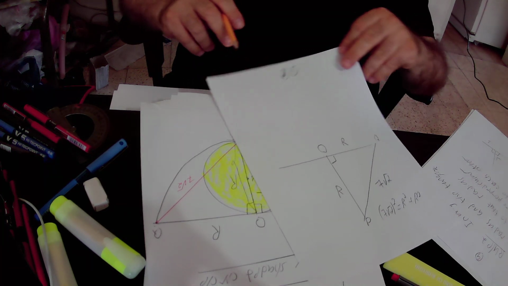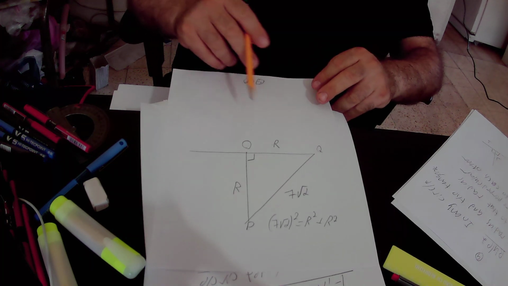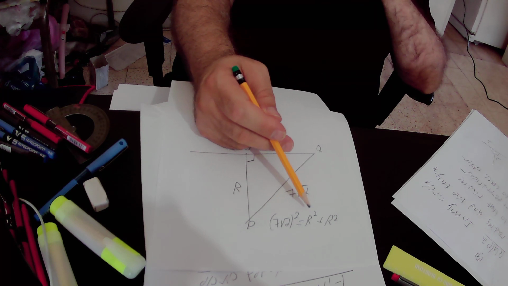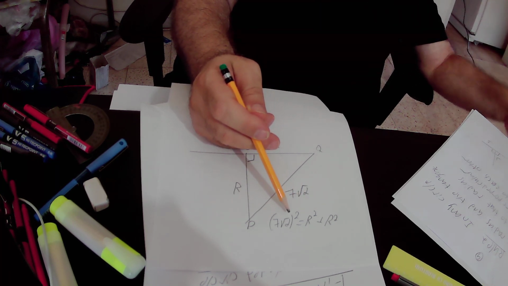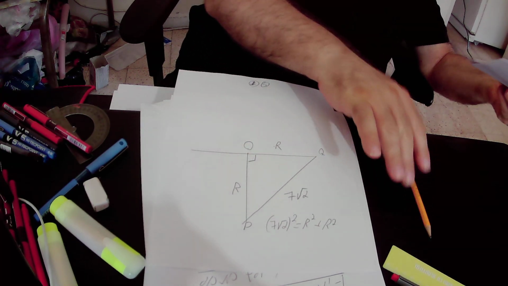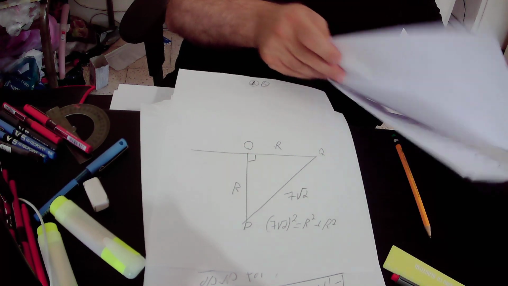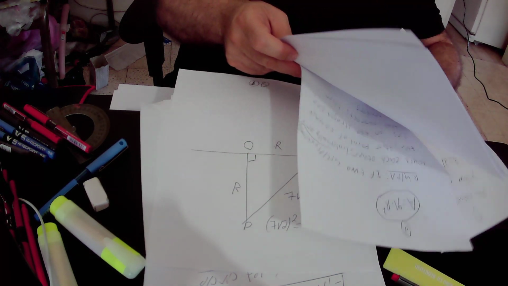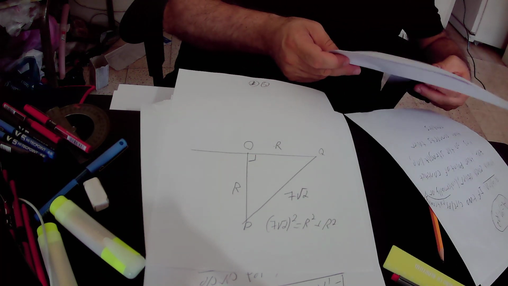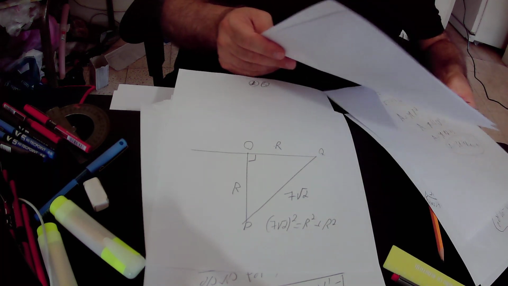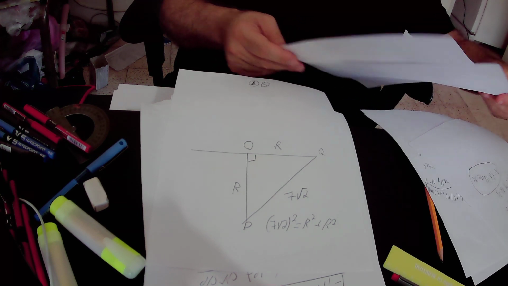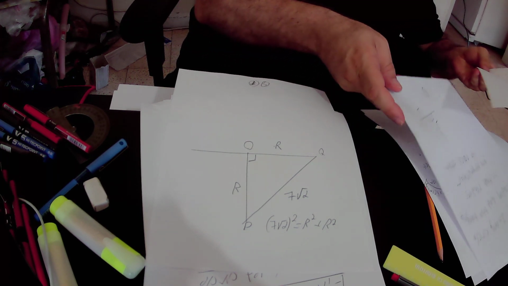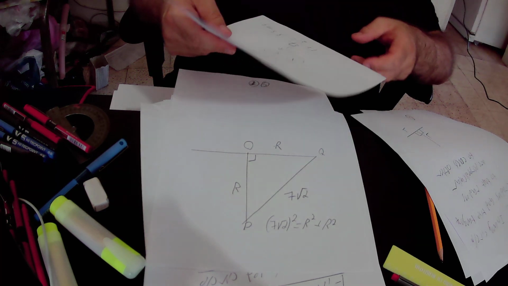And actually we got that 2 times r squared is equal to 49 times 2. And then we divided the equation by 2. And then we got that r squared is equal to 49. And for that reason, r equals 7.